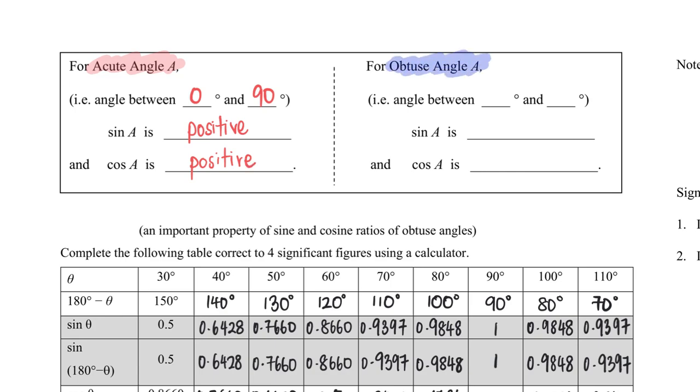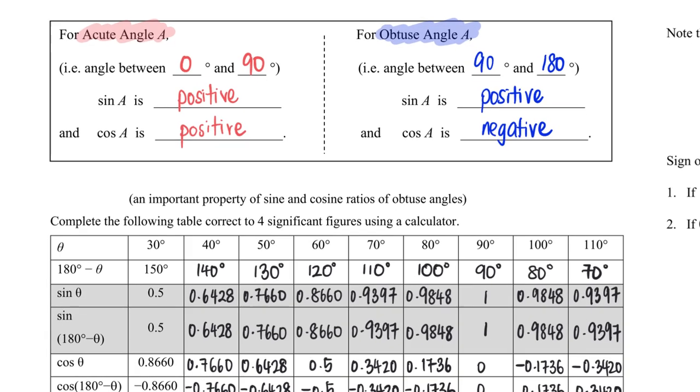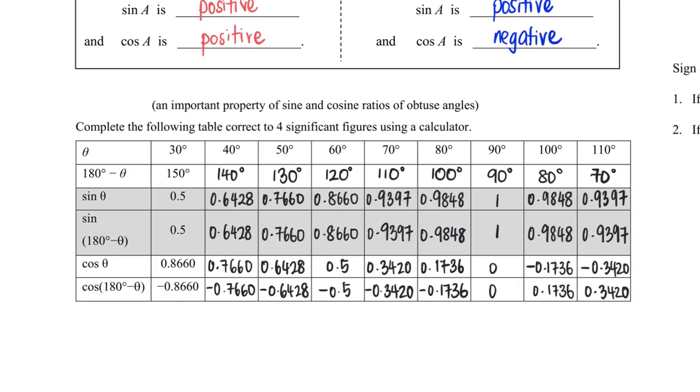But for an obtuse angle, where the obtuse angle is between 90 and 180, the sine ratio happens to be positive, but later on, when I show you the table, you will see that the cosine ratio is always negative.